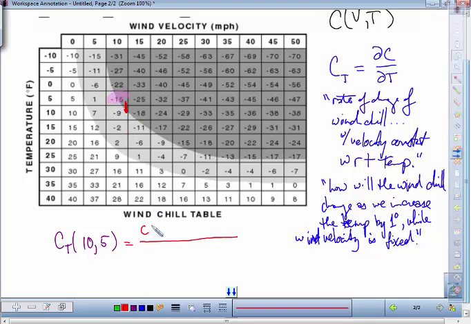So we're going to go from C, the wind chill, at which first? The velocity first? 10 comma 10 minus the wind chill at 10 comma 5, divided by, what am I going to divide by? 10 minus 5.